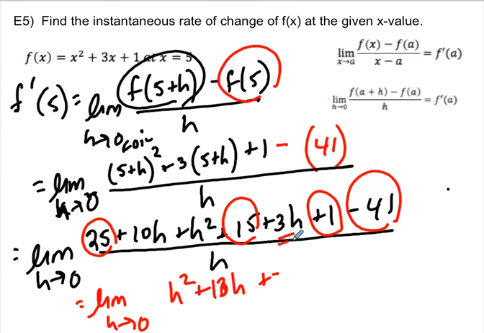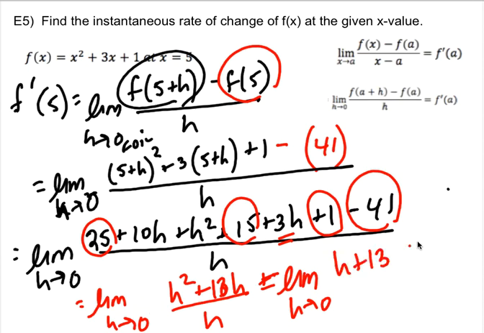I missed this guy right here. And then all over h. If I factor an h out, I'm left with h plus 13. Well, now when I plug in, that's 0 plus 13, which gives me the same answer: f prime of 5 is 13.